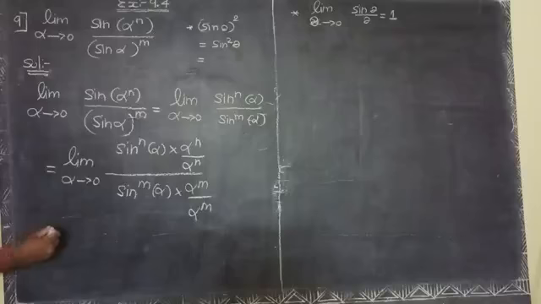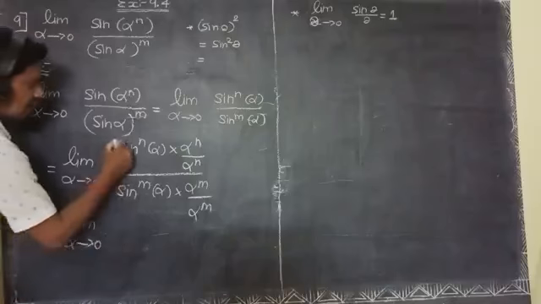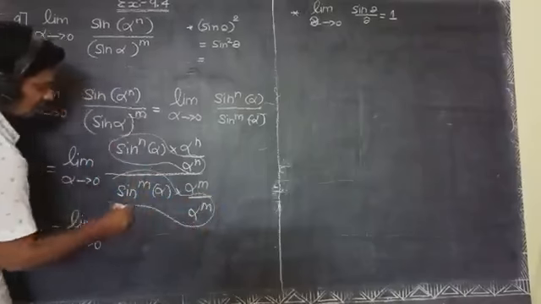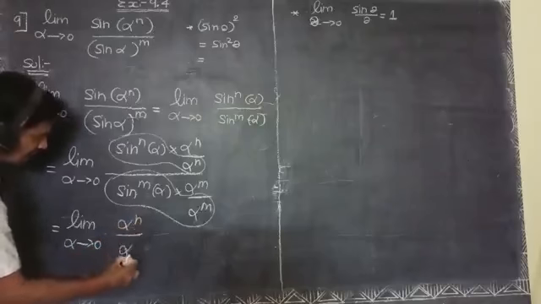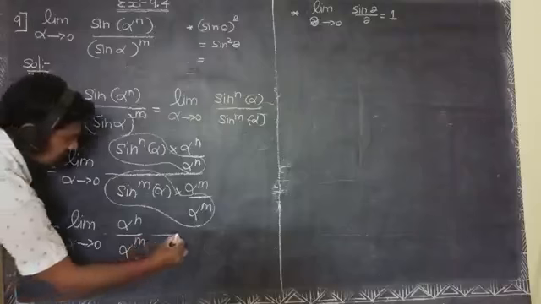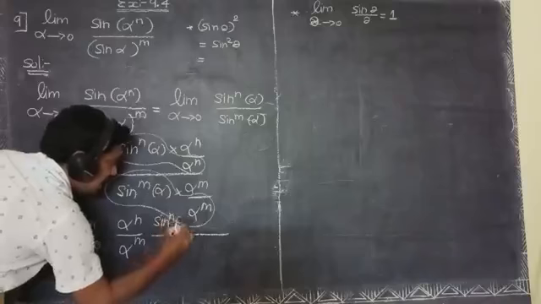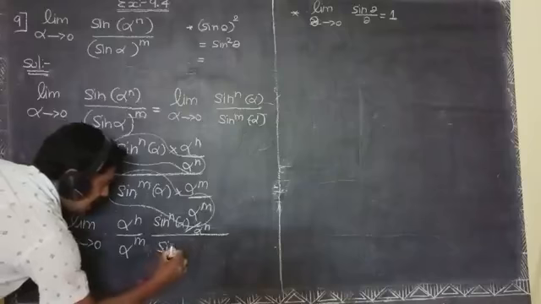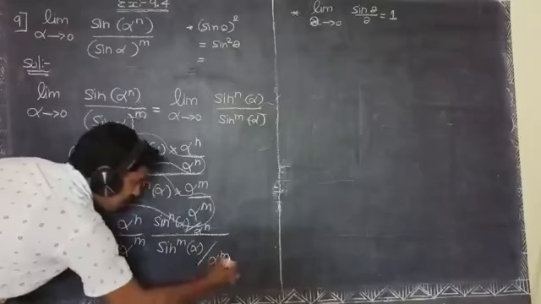Grouping these, we get alpha power n divided by alpha power m into sine power n alpha divided by alpha power n, and sine power m alpha divided by alpha power m.